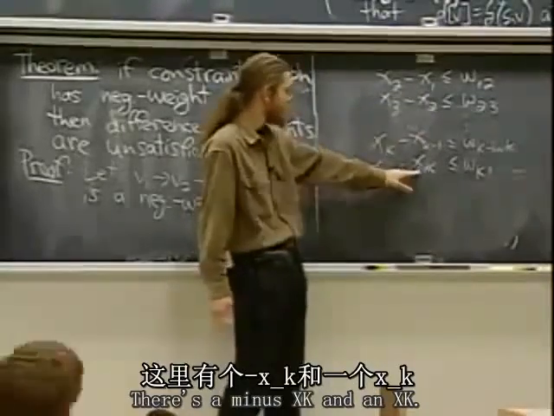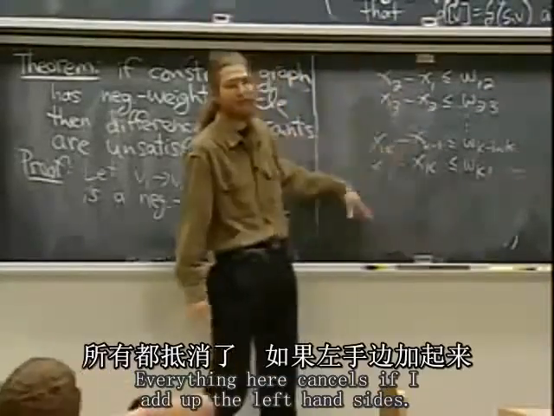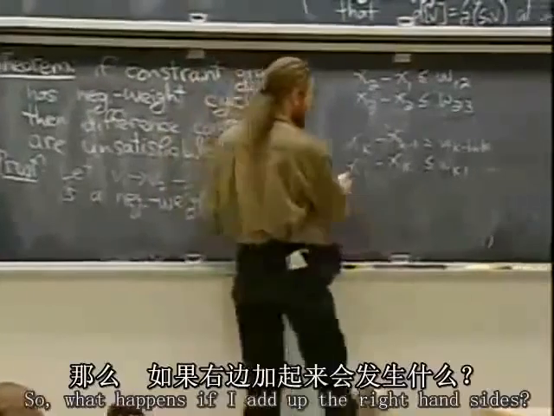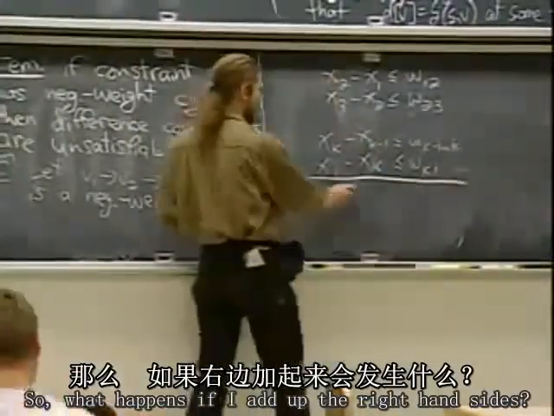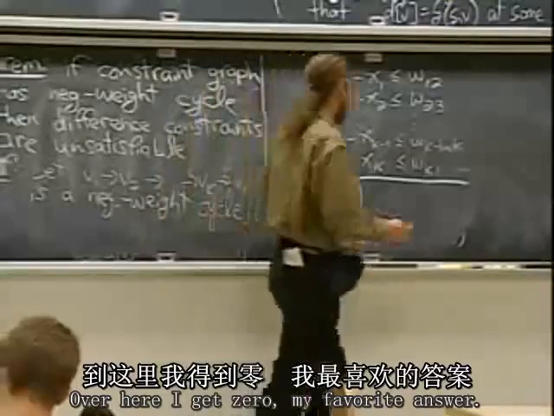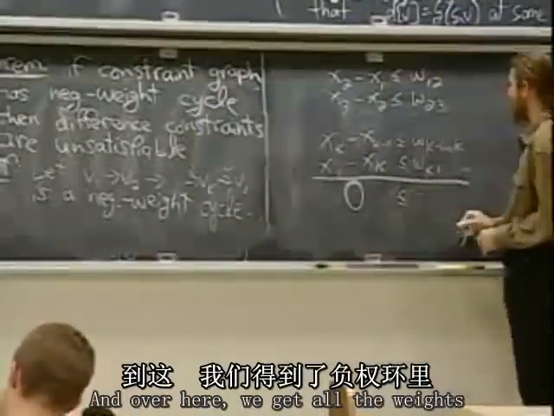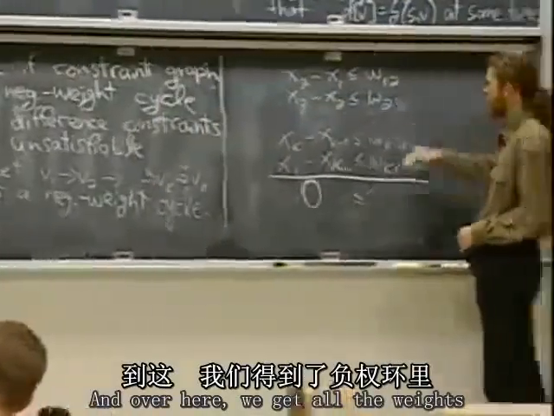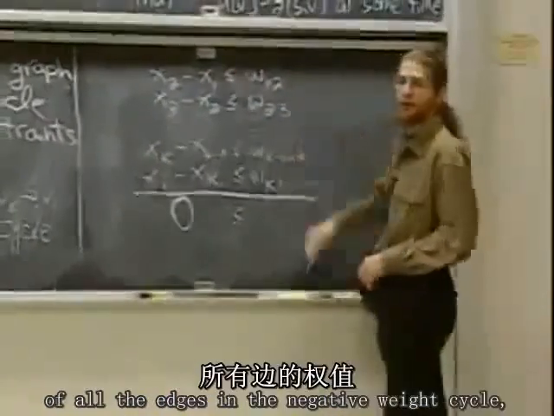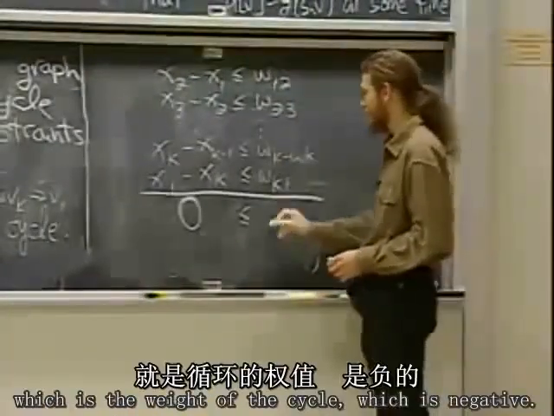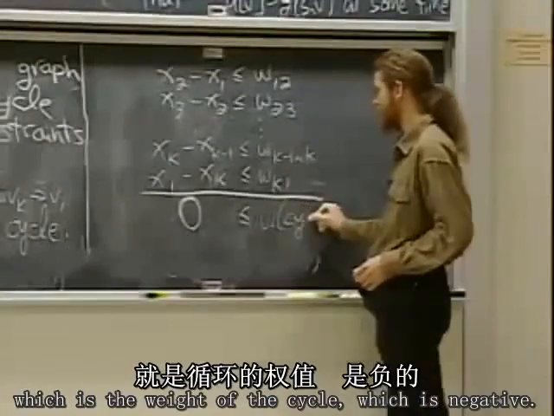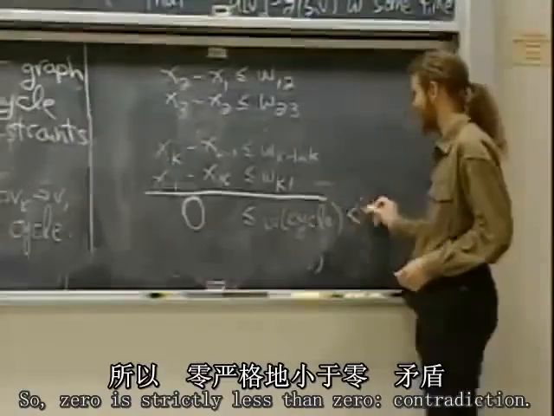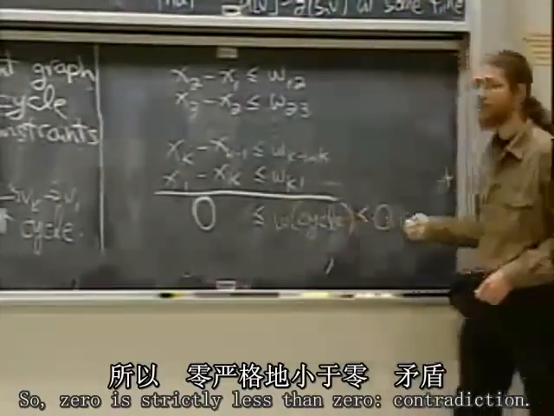There's an x minus xk and an xk. Everything here cancels if I add up the left-hand sides. So what happens if I add up the right-hand sides? So over here I get 0, my favorite answer. And over here we get all the weights of all the edges in the negative weight cycle, which is the weight of the cycle, which is negative. So 0 is strictly less than 0, contradiction.